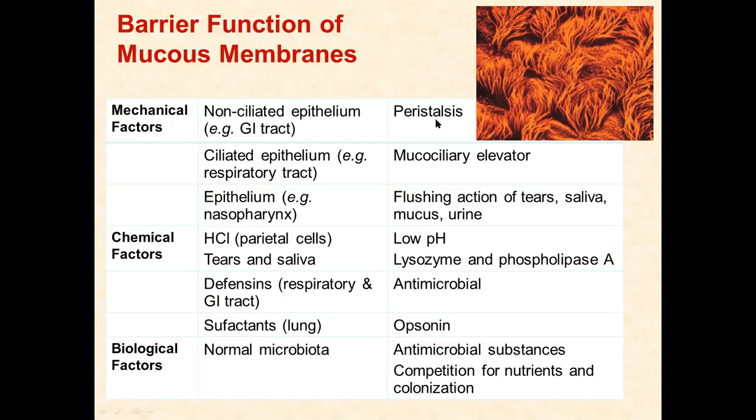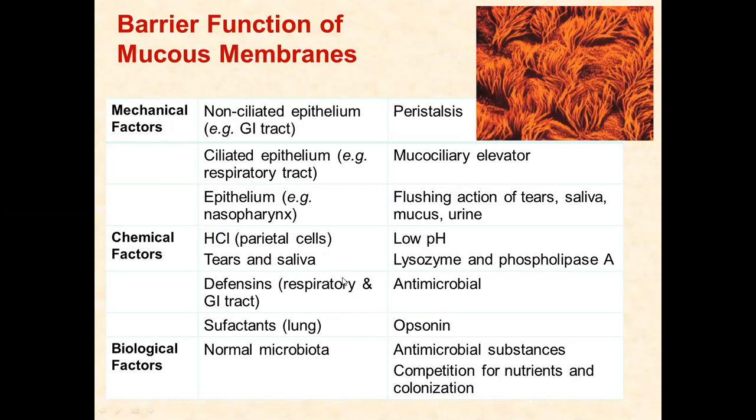It's the peristalsis of intestine. Important chemical factors in mucosa. It's acids, mostly in stomach, which prevent the multiplication of almost all bacteria. In the tears and saliva, the antimicrobial substances like lysozyme and phospholipase A are present.